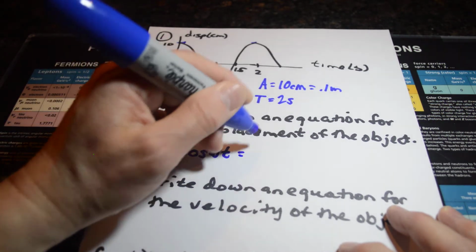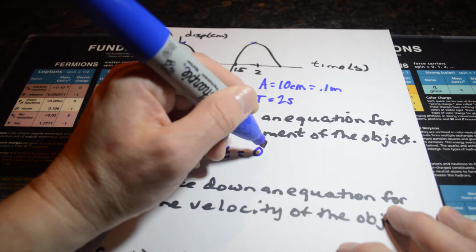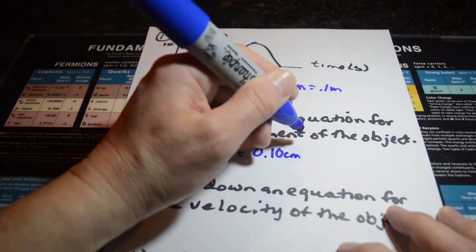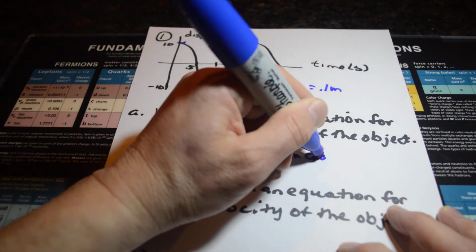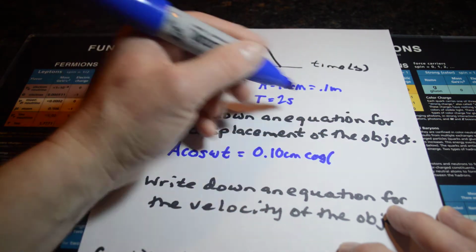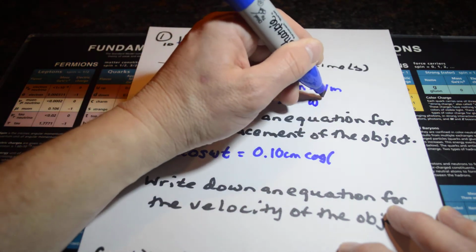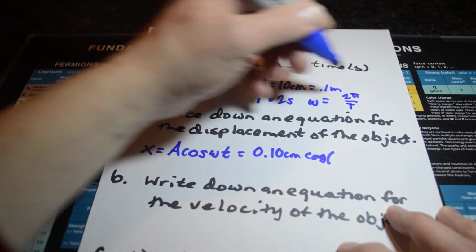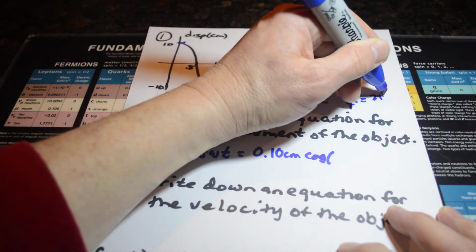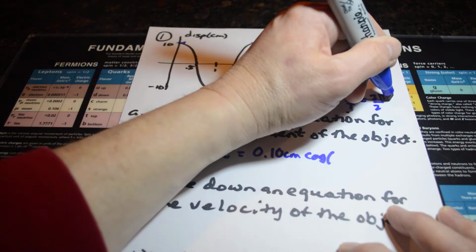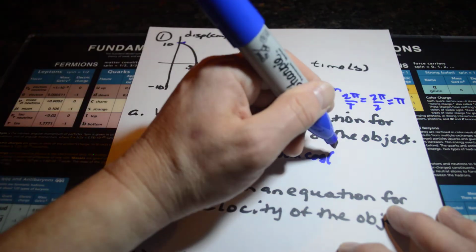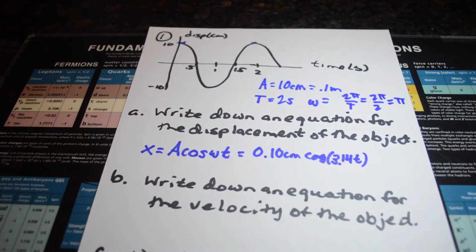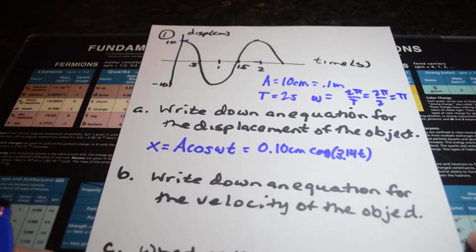So if we put in some variables, we should have 0.1, and that's going to be in meters, times the cosine of omega t, but omega we should have said was 2 pi over T, so that's 2 pi divided by 2 seconds, which was pi itself. So maybe we could call pi 3.14, and that's going to give cosine of 3.14 t.